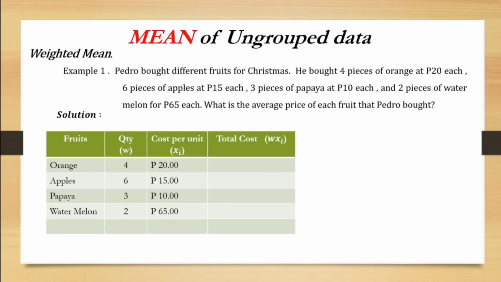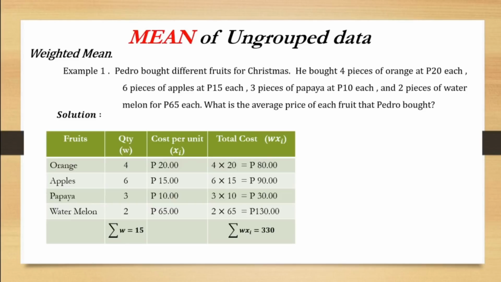To find the value of the next column, we have to multiply the column for the weight and the x sub i. So we have 4 times 20 pesos, 6 times 15 pesos, 3 times 10 pesos, and 2 times 65 pesos. So we come up with 80 pesos, 90 pesos, 30 pesos, and 130 pesos in the fourth column.